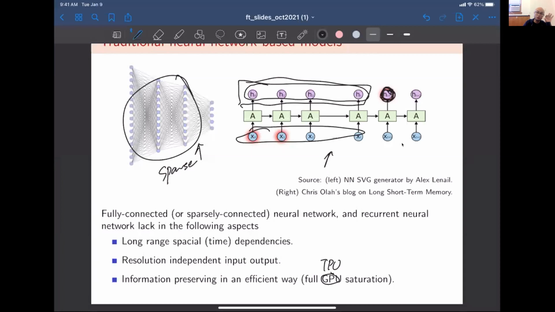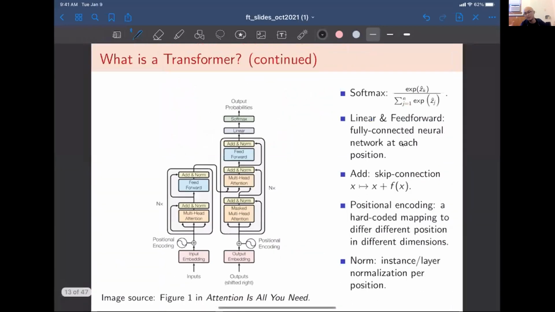The temporal dimension, these long-range time dependencies, does not have to be handled in a sequential way. And this is the transformer. I took this figure from Attention Is All You Need. It has many components, and I want to emphasize that until maybe earlier last year, these components were all deemed indispensable.